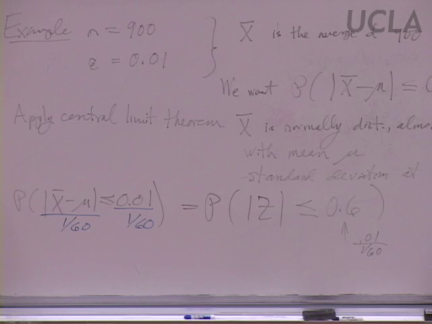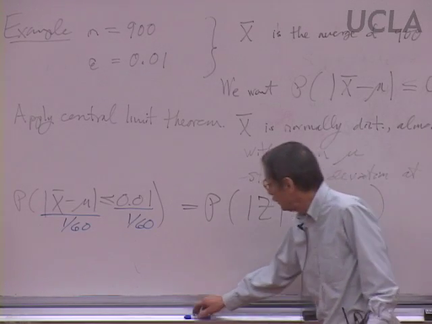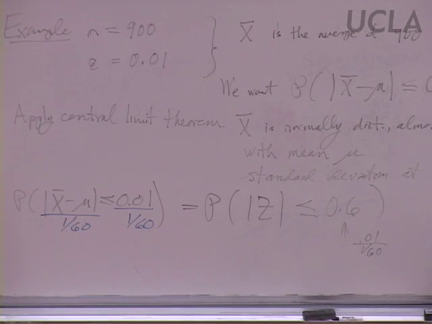Time for the picture. Standard normal distribution, inflection points at plus or minus 1. So we want the probability of being between minus 0.6 and plus 0.6. So this probability we're looking for is that area right there.